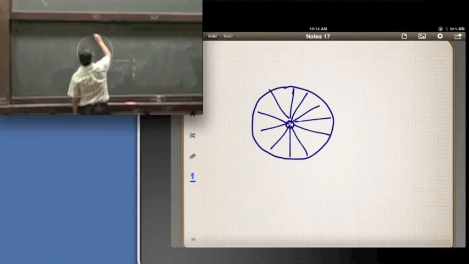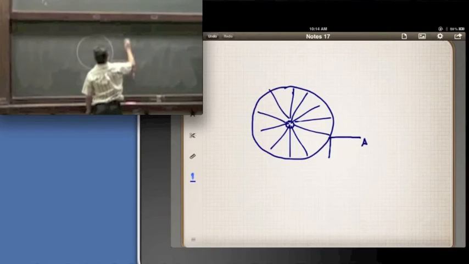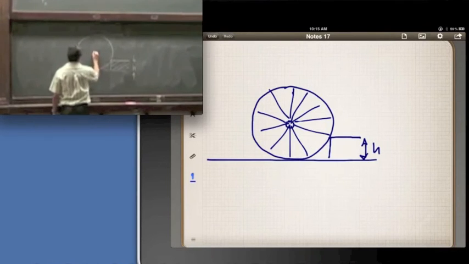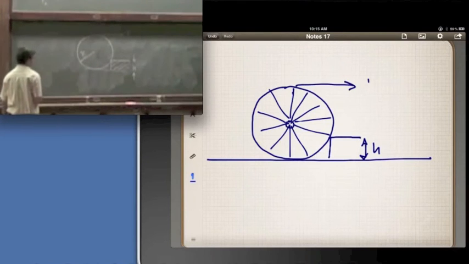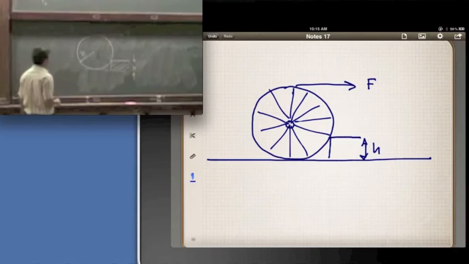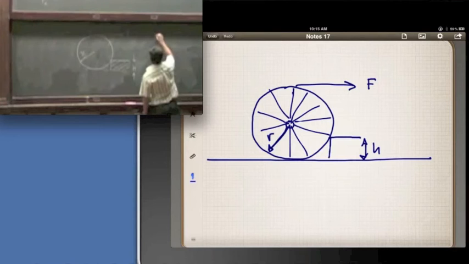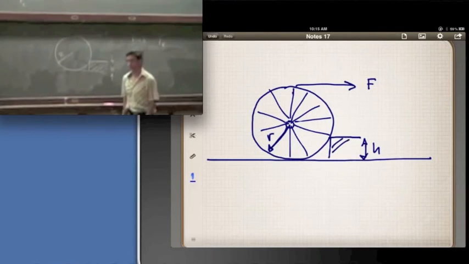And you're going to do that by applying a force here in that direction. The wheel has a radius r, the step height h, and the force is F. Find the torque of the force F.